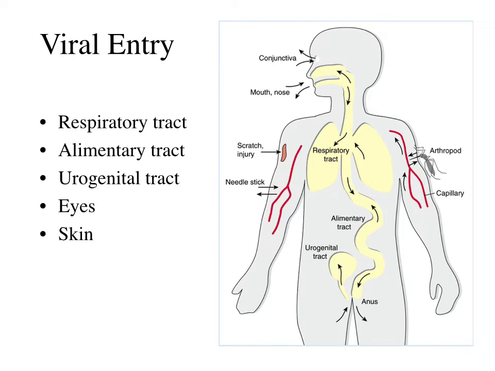Also, some viruses can produce local lesions in the epithelium, such as papillomaviruses, which cause genital warts. And some can gain access to underlying tissue and infect cells of the immune system, such as HIV, or the neurons, which would be herpes simplex, as an example.